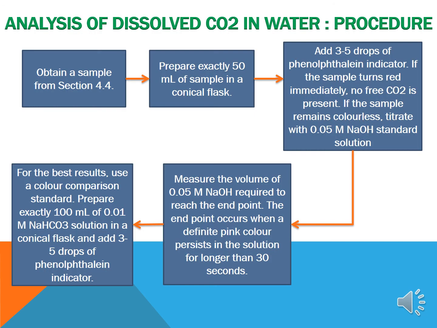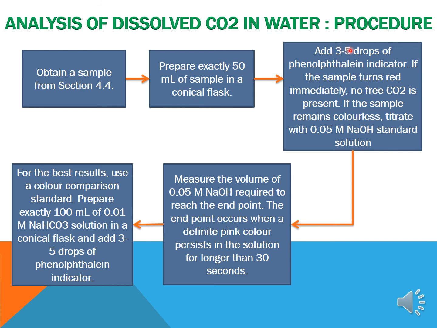So, next, I am going to explain the analysis of dissolved carbon dioxide in water, which is the procedure itself. First, obtain a sample from section 4.4, which I have explained before. Then, prepare exactly 50 ml of the sample in a conical flask.